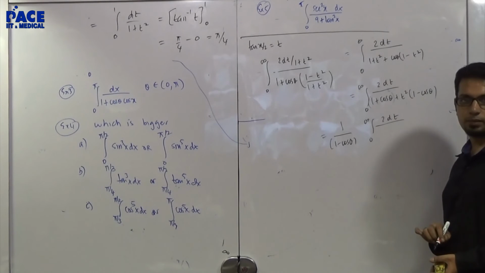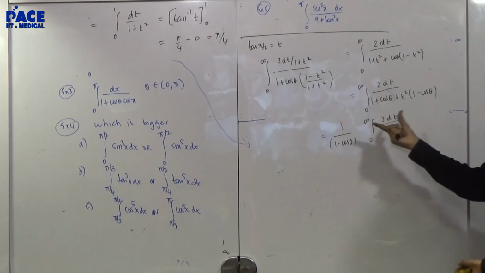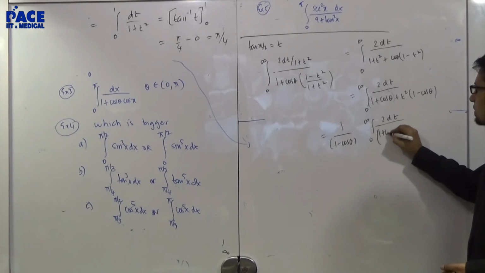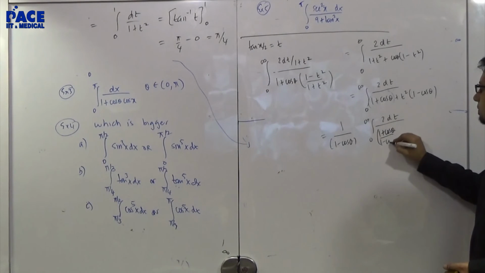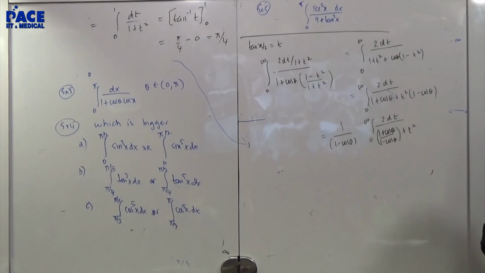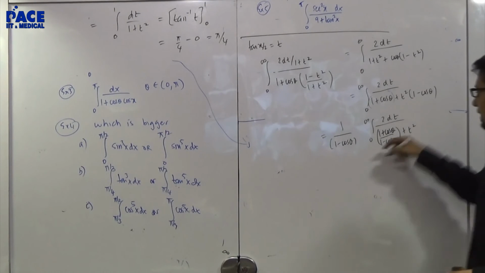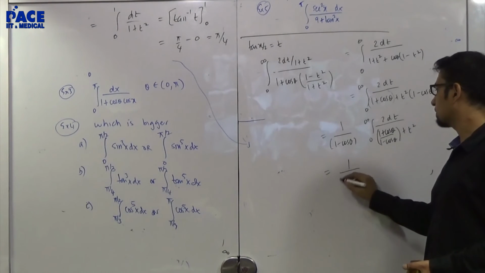So integration में constant को हम बाहर ले जा सकते हैं. So, I'm taking this common out, and what I'm actually getting is 1 plus cos theta on 1 minus cos theta plus t square. ठीक है? So, this becomes integral of 1 upon x square plus a square. Actually, अगर देखा जाए तो इसको हम simplify कर सकते हैं.